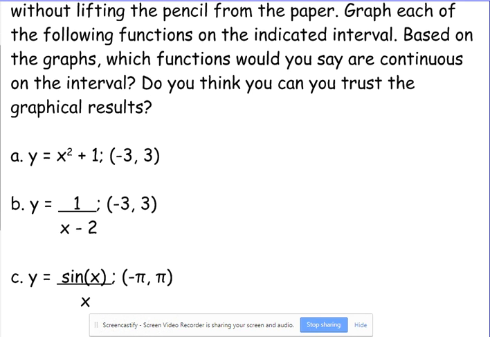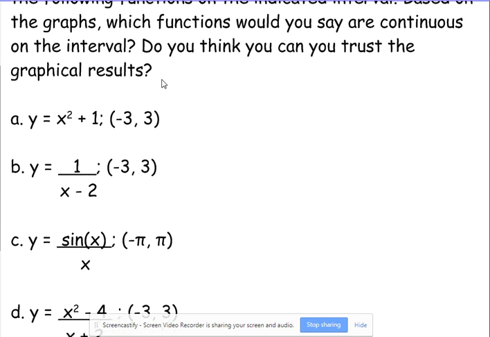For example, with this first one, x squared plus 1, this is interval notation. If you're not familiar with it, what it's telling you is that the x minimum value is -3 and the x maximum value is +3.